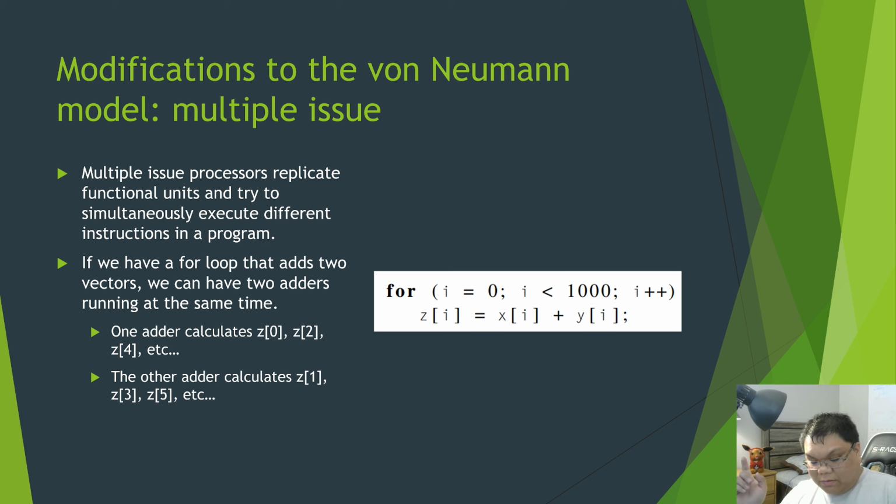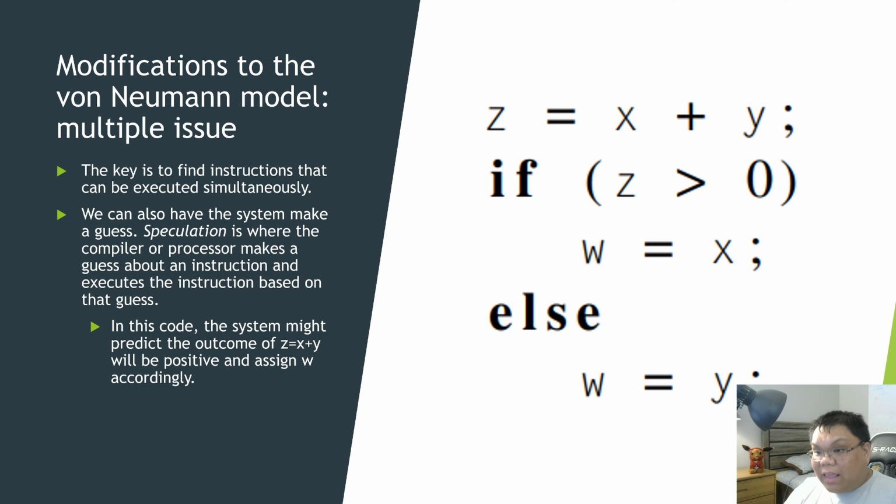So one CPU is calculating z0, z2, z4, z6, and so on, and the other CPU is calculating z1, z3, z5, and so on. This is called multiple issue. And this is where we can see a glimpse into how we can parallelize a for loop. The key is to find instructions that can be simultaneously executed.